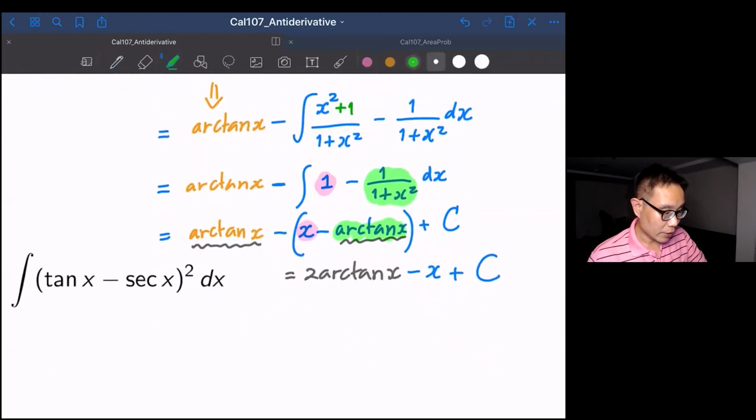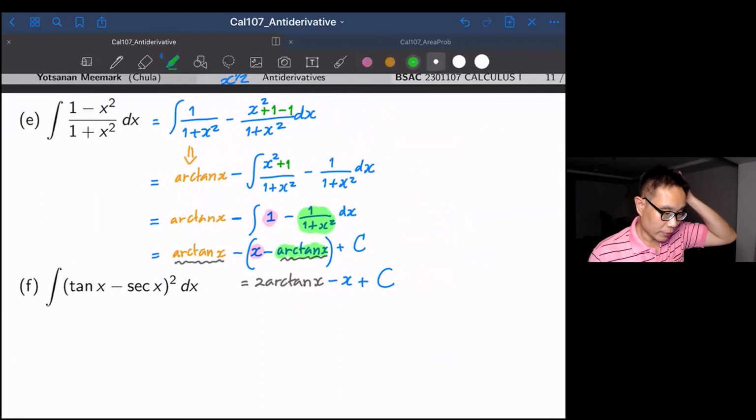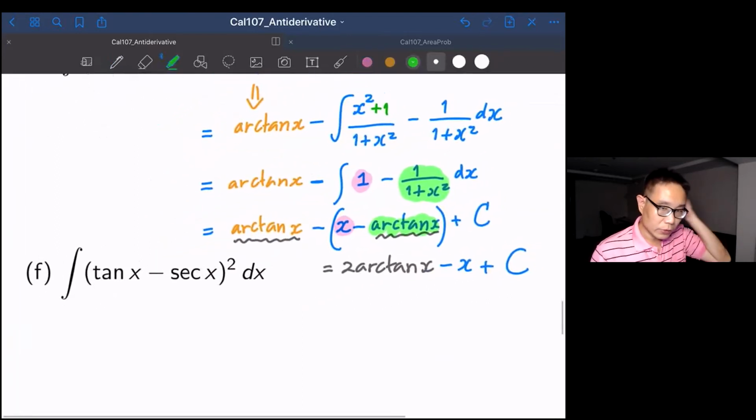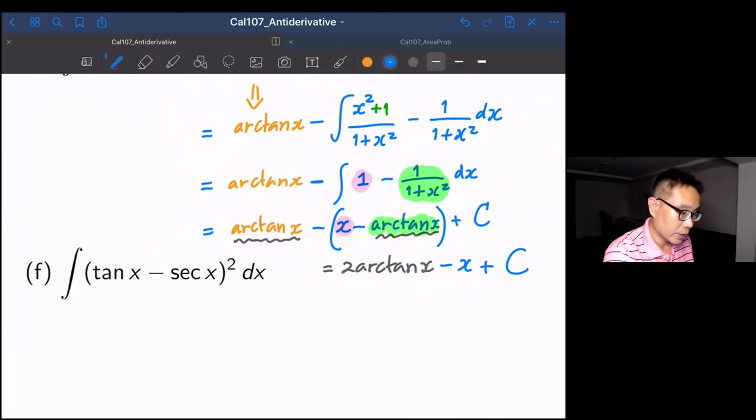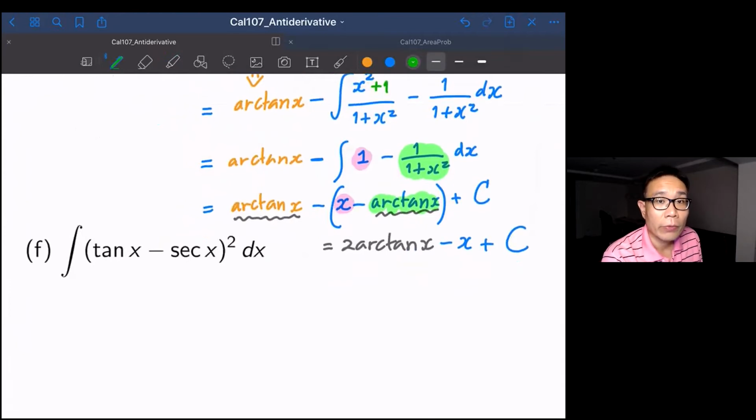For the next one, you have integrate (tan x minus secant x) squared dx. So for this one, you see that we again have no product rule for integration. So we're gonna try to expand this one in order to obtain the sum or the difference between functions that we'll be able to integrate term by term.